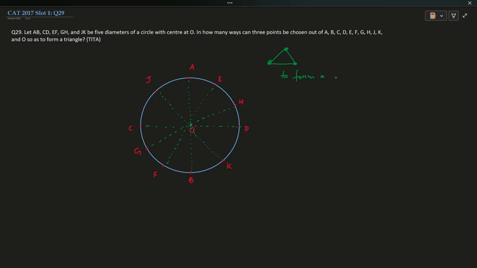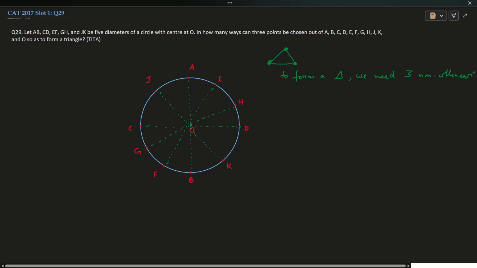To form a triangle, we need 3 non-collinear points. Non-collinear means not lying in a straight line.